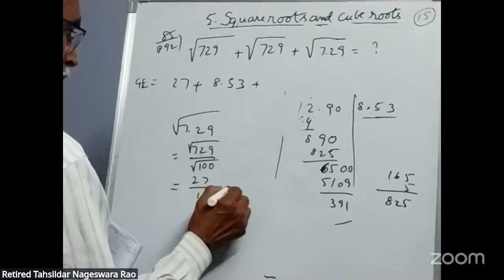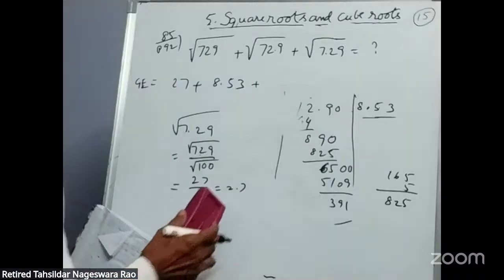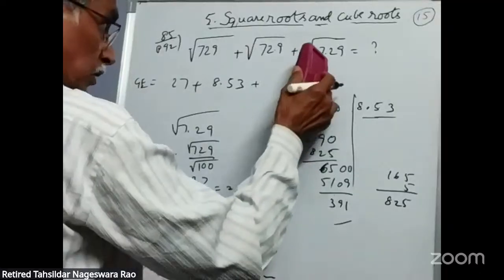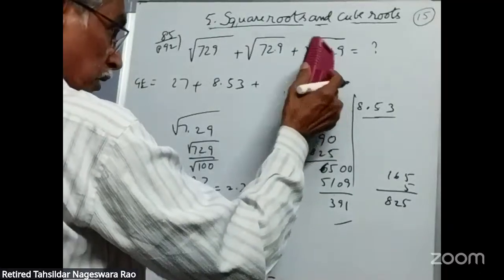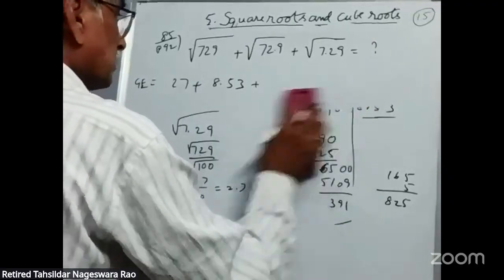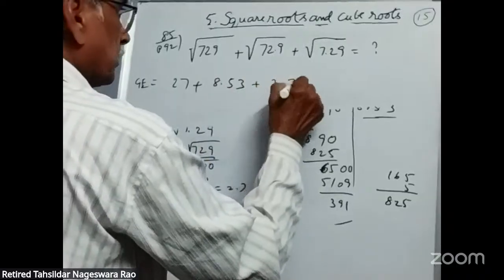Answer will be 2.7. For this we cannot get directly, but if the denominator is 100, there is possibility. Easy way of getting square root. 2.7.